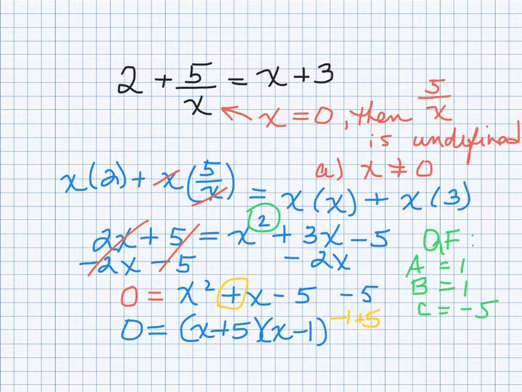So if x plus 5 is equal to 0, then x is going to be equal to negative 5. And if x minus 1 is equal to 0, then x is going to be equal to positive 1. And that is from the zero product principle.